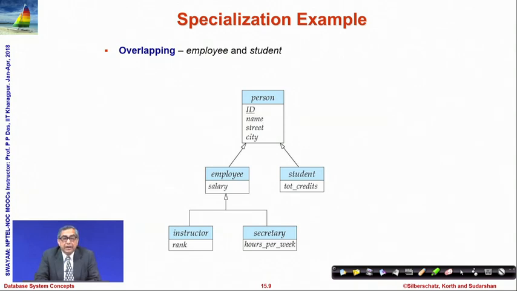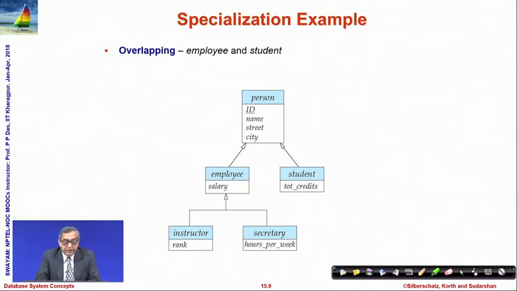A similar entity set student is a specialization of person, where again all attributes are inherited, but there is a common attribute called total credits, which is common for all the students, but is not available or common for the persons in general. And as you can see, it could be hierarchical, it could go further down.